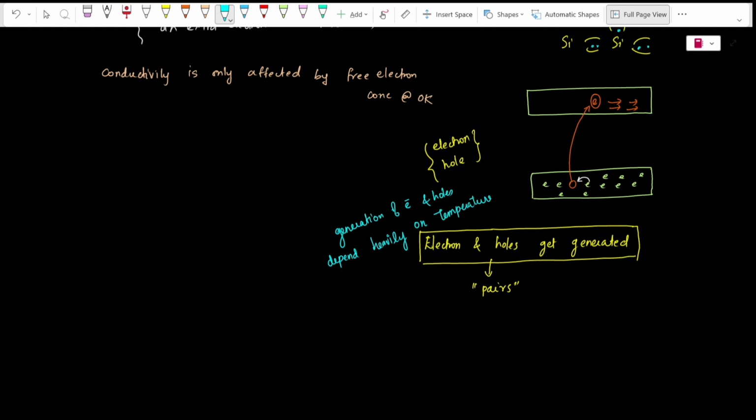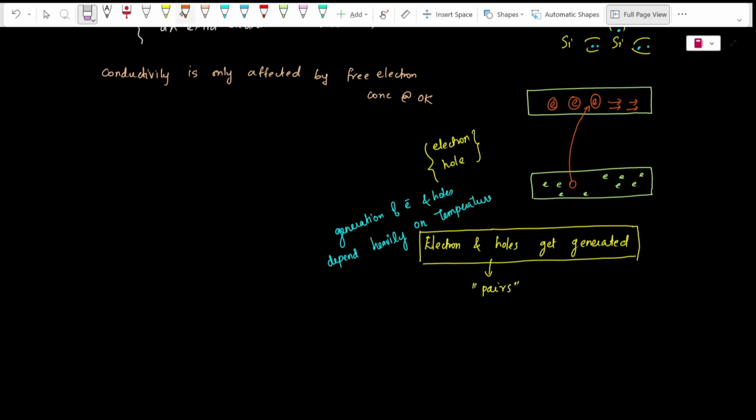Now, similar to this process, there is something else which also happens inside a semiconductor. That's something that makes a semiconductor so special. Once you have a sufficient number of electrons in the conduction band, let's say you have 3 electrons, then if there are 3 electrons, definitely there are 3 holes also, right?